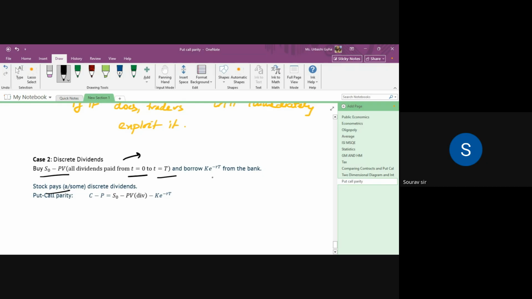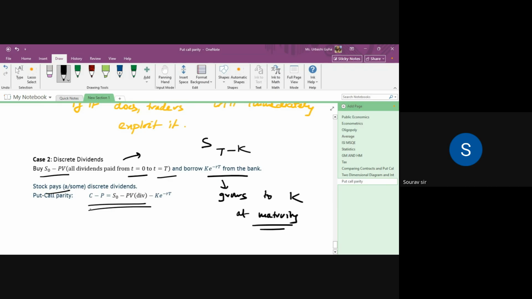And borrowing this from the bank means it grows to K at maturity. So this ensures that at time T your position payoff is still ST minus K. So the adjusted put call parity is C minus P equals this.